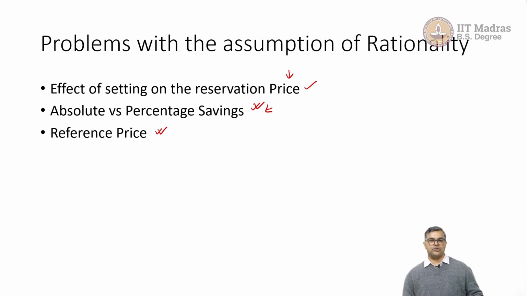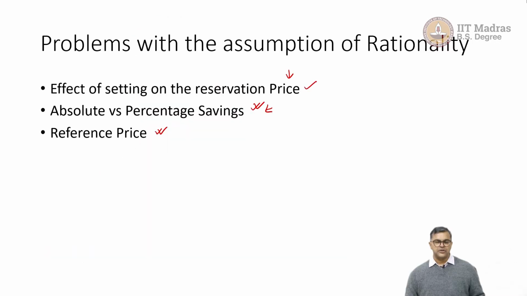But I am not talking about that. Most of the time, what we have in our mind is a reference price, and if we are getting an item for a price lower than that reference price, then without searching, without checking, we go for this lower price. So, maximizing consumer surplus also gets violated. We have to be careful about all these things.